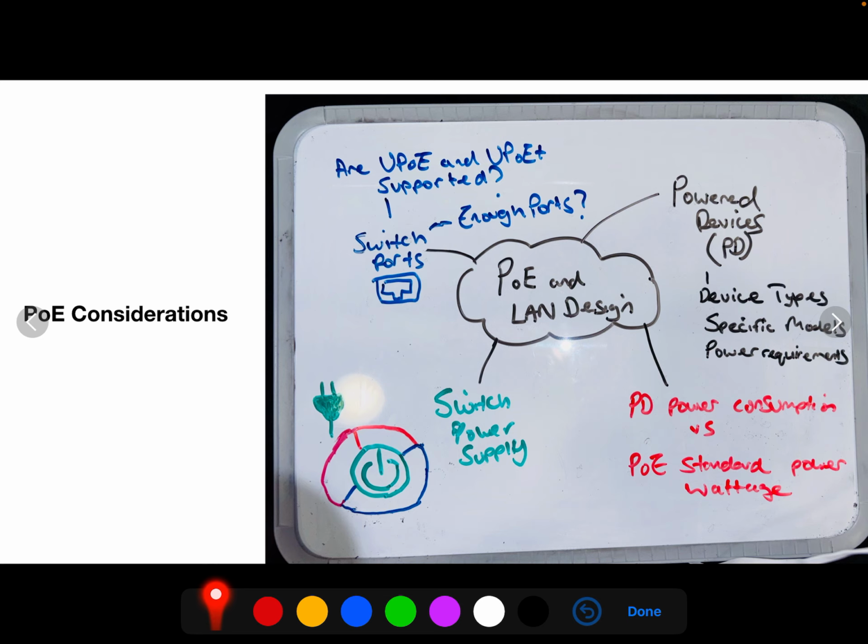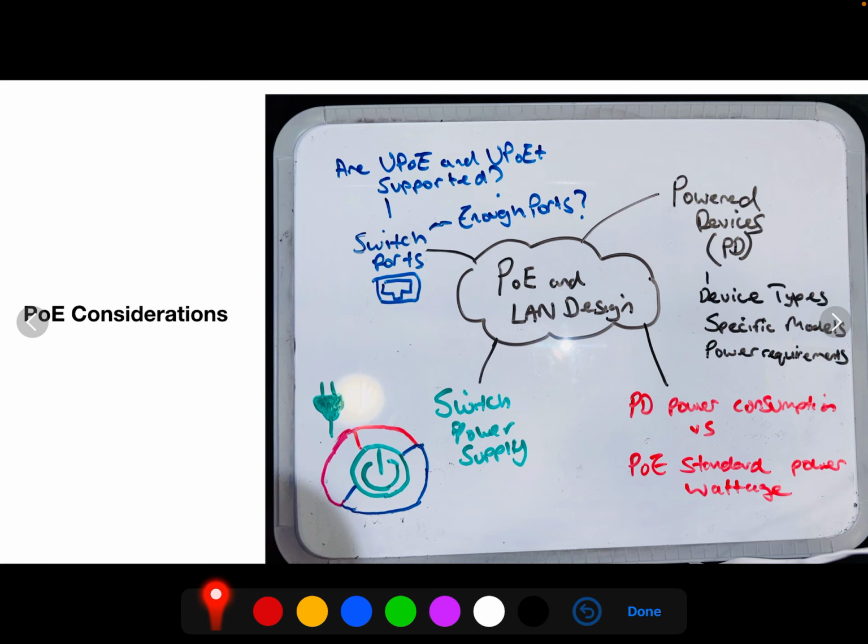Now, power devices: we need to think, what devices are we actually connecting? Is it voice over IP phones, wireless access points, PCs, laptops? Different devices can use different power levels, not just the type of device but the make and model. For example, we could have Cisco IP phones, Yealink IP phones, or Polycom IP phones.